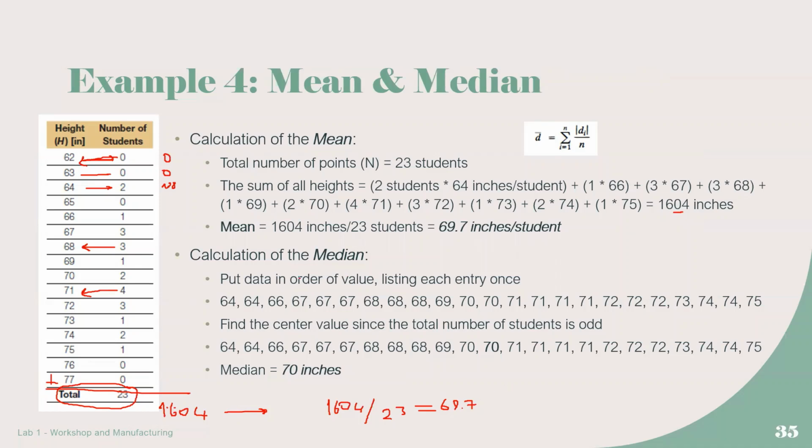To calculate median, you have to write it down from the littlest to the biggest, and you're just going to take the number in the middle, okay, which is 70. So I have 12 measurements here. No, sorry, I have 11 measurements here, and I have another 11 measurements here, and in the middle I have 70, which is the mean. Yeah, sorry, the median.